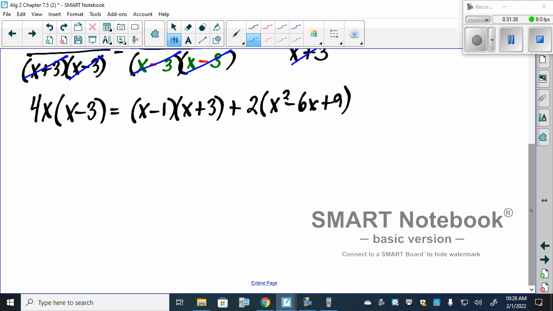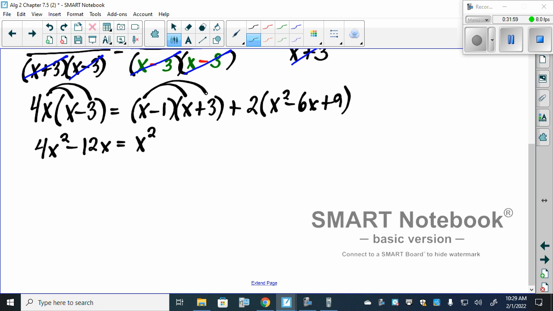Now at this point here, we do need to multiply through to use our distributive property. So 4x times x is our 4x squared. 4x times negative 3 is negative 12x is equal to. Here we have x times x is x squared.